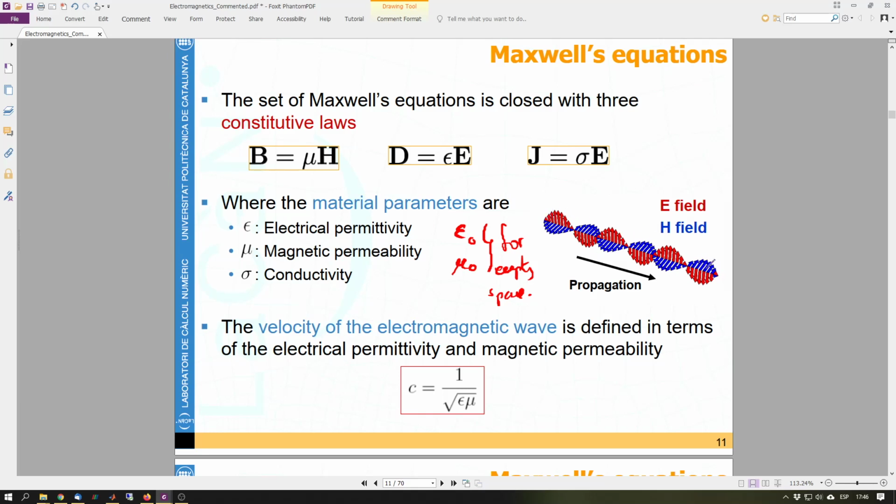We will see how this coupling can be deduced, and they have a wave character. We also deduce why these equations give rise to wave-like solutions. The two of them are going to oscillate and propagate with the same velocity, which is given by the inverse of the square root of the product of the two material constants: permeability for the magnetic field, and permittivity for the electrical field.